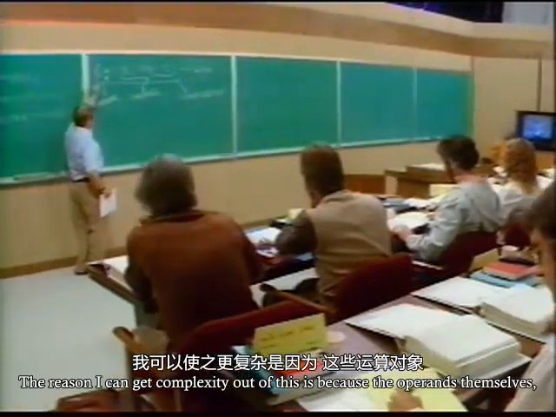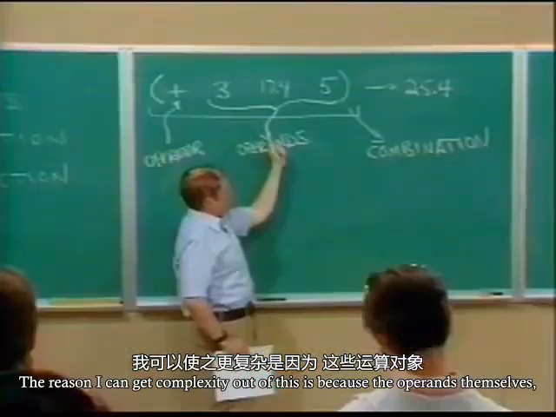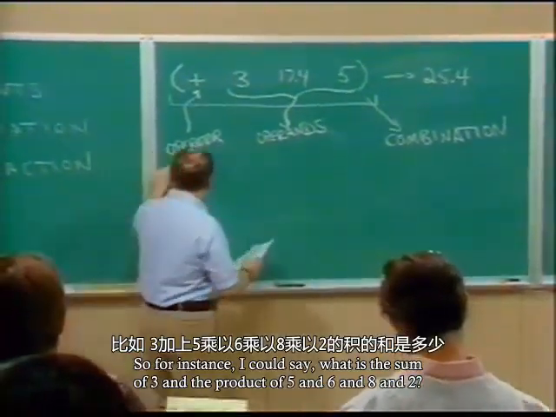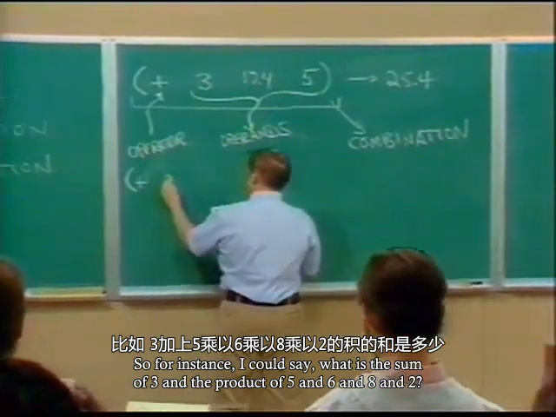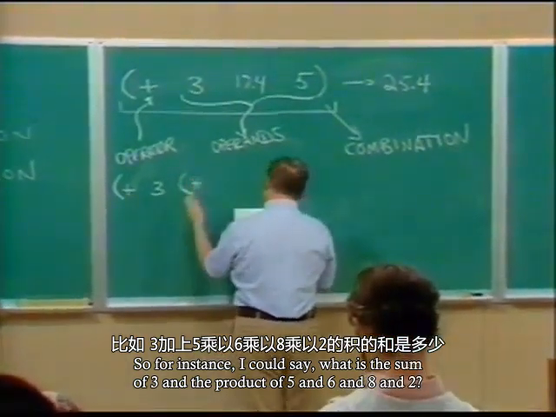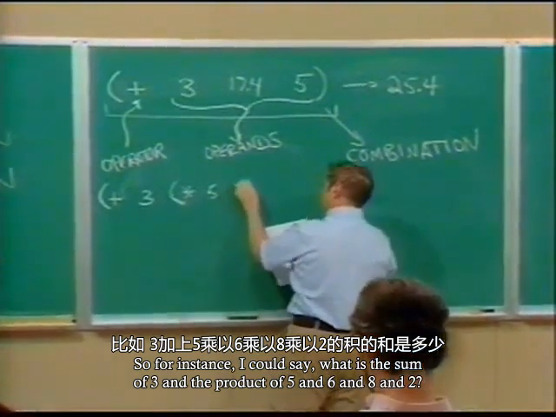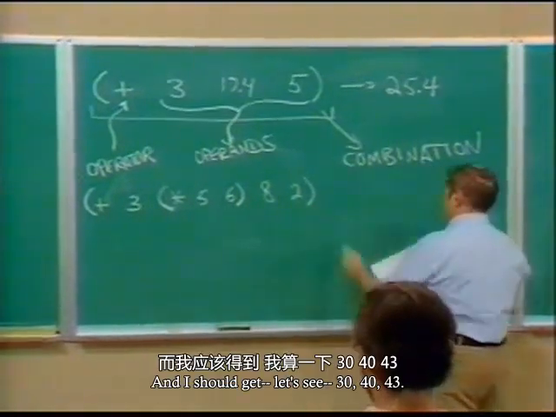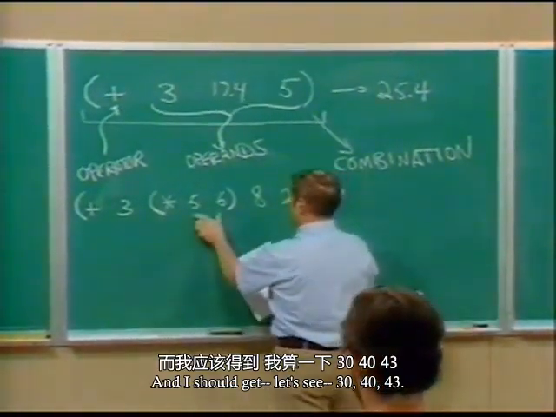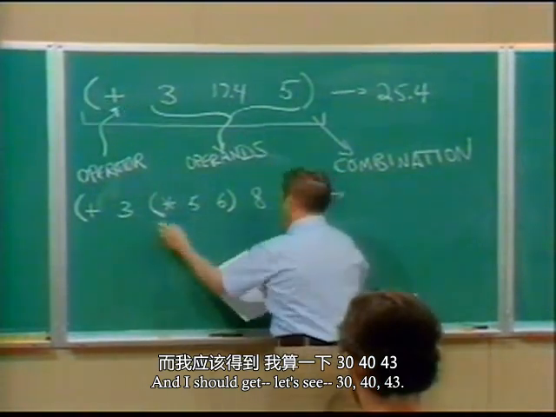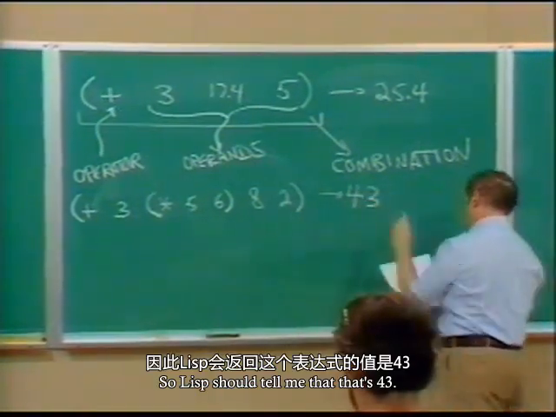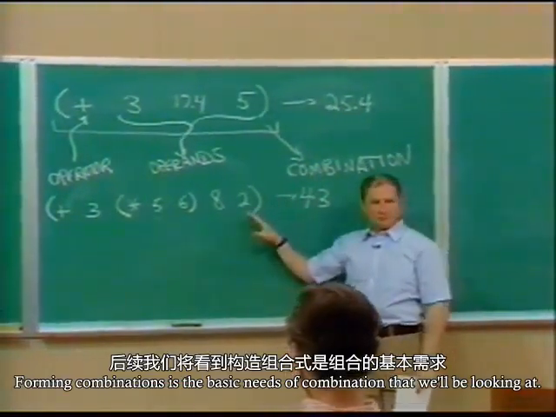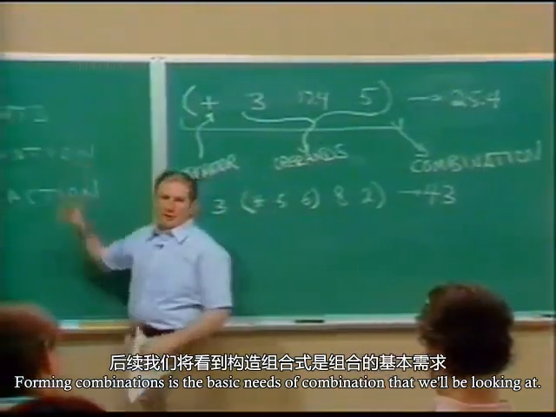The reason I can get complexity out of this is because the operands themselves, in general, can be combinations. So for instance, I could say, what is the sum of 3 and the product of 5 and 6 and 8 and 2? I should get 30, 40, 43. So Lisp should tell me that that's 43. Forming combinations is the basic means of combination that we'll be looking at.